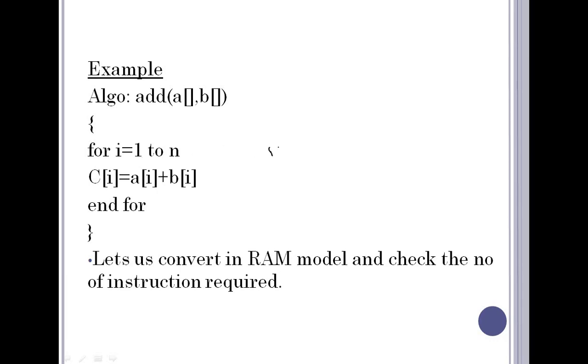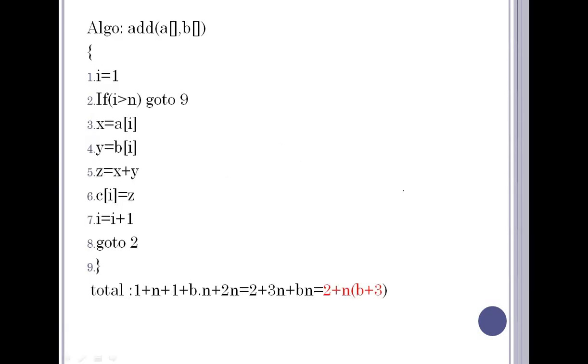This one is going to execute n plus 1 times, for 1 to n and 1 extra for the last time, which is an unsuccessful comparison, and this particular statement is going to execute n times. So the total number of steps is 2n plus 1, which is the total number of steps required for this program.